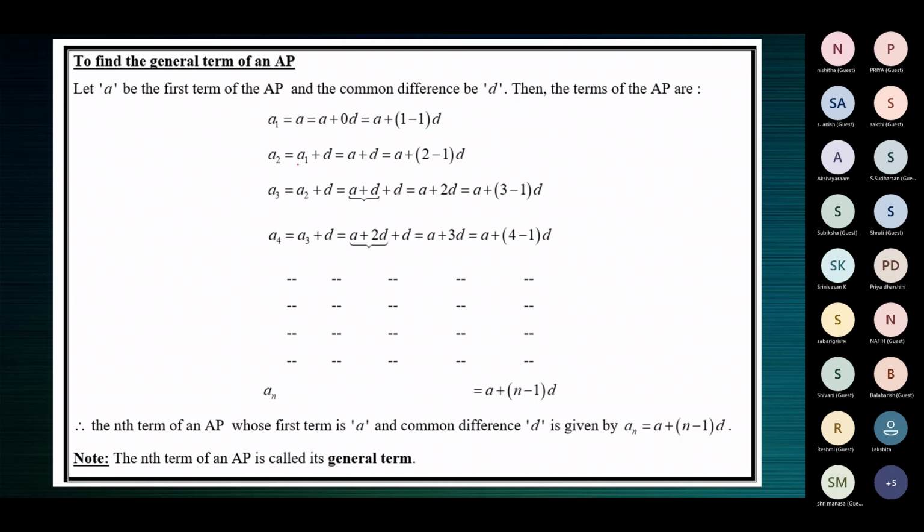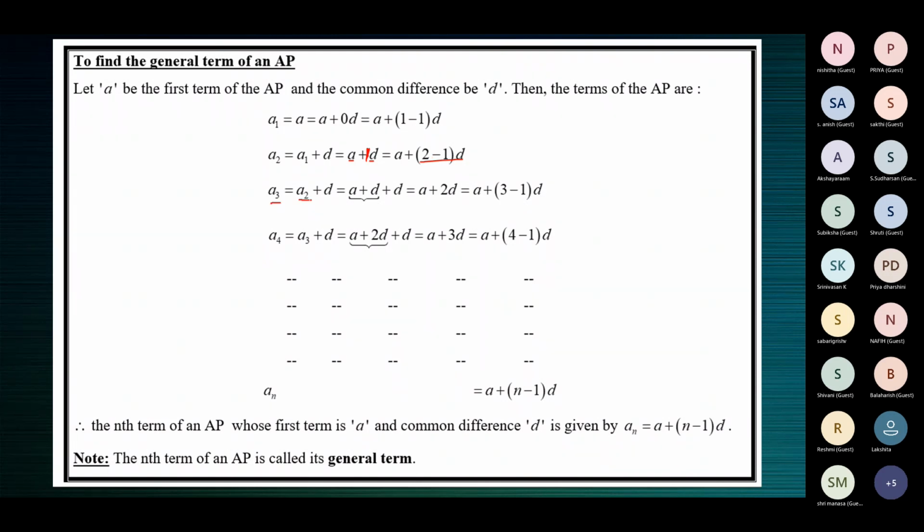So the second term is A plus the common difference, and the coefficient of D is 1. We would like to write that as something minus 1, and that is 2 minus 1. We're just writing 1D as 2 minus 1 of D.